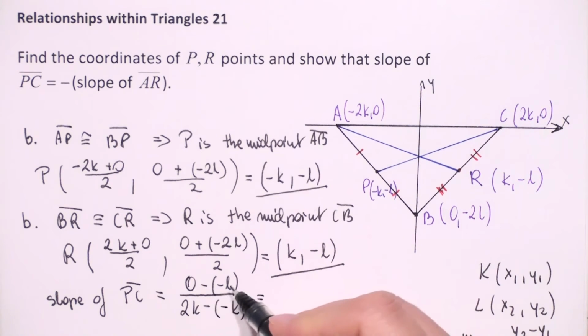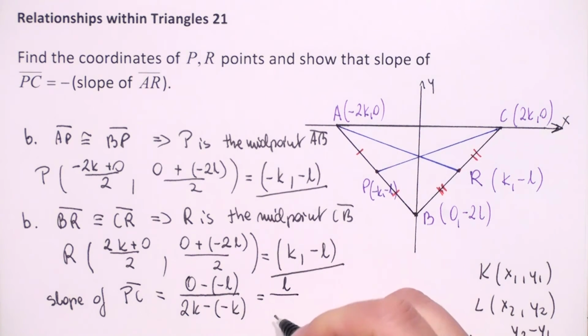So this is equal to, negative and negative give me positive, L over 2k plus k, which will be 3k.